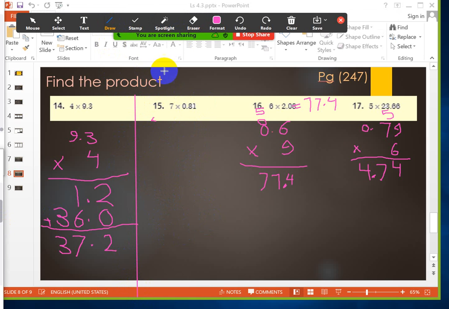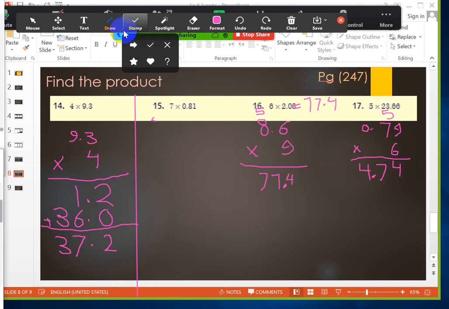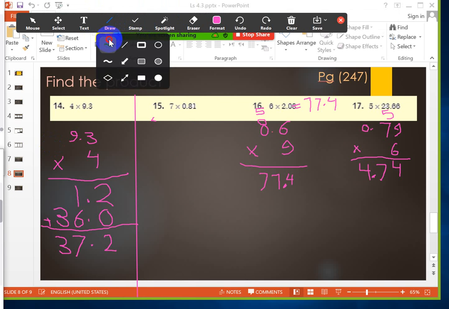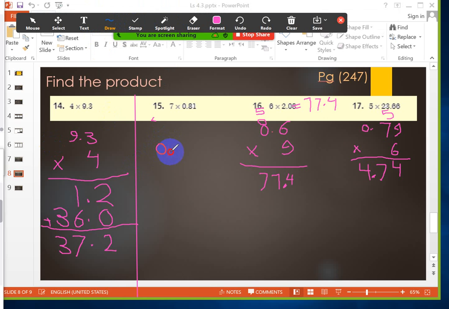Let's continue now with 15. Now I will choose Ghazlan. Yes, Ghazlan, open your mic and let's multiply number 15 with you. 0.81 multiply 7. Yes, let's start. 7 multiply 1, it's 7. 7 multiply 8, it's 56.